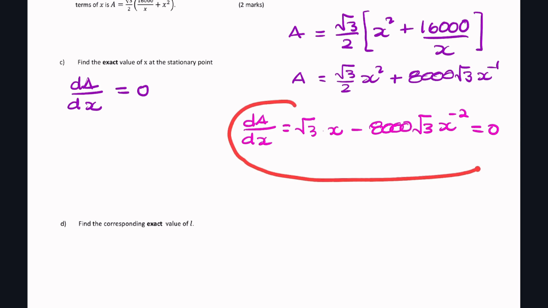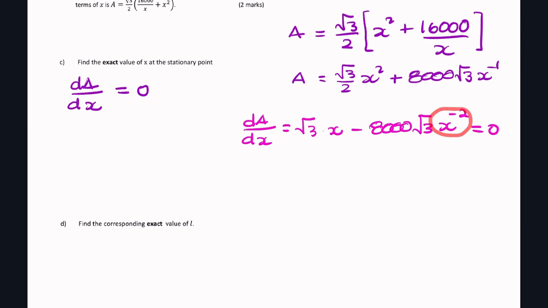Now, this is a strange kind of expression because we've got x to the minus 2. So if you rewrite this as x squared in the denominator, so if you bring this down there and remove the negative sign, it's now slightly more familiar. Almost looks like a quadratic function, but it isn't. So whenever you have something in the denominator, to get rid of that, you multiply both sides by that denominator.